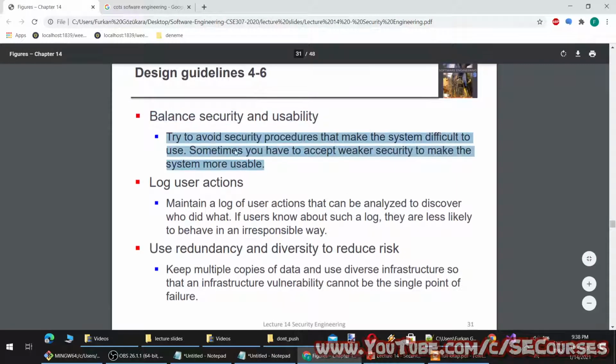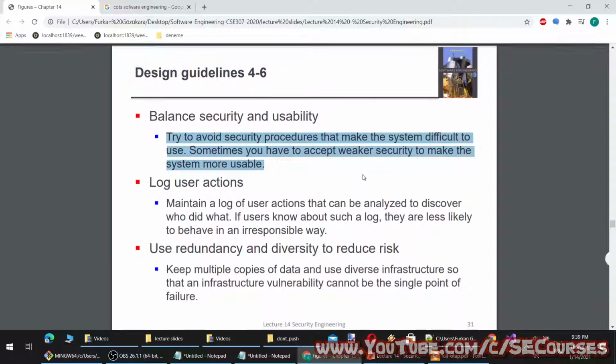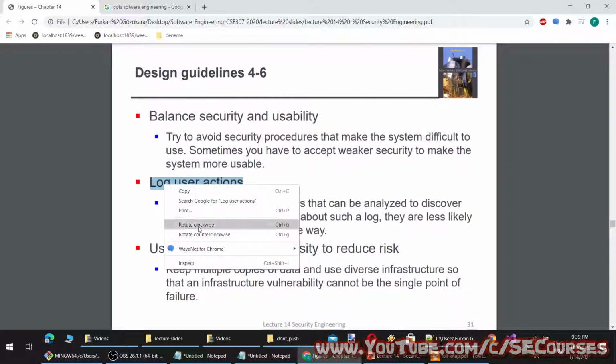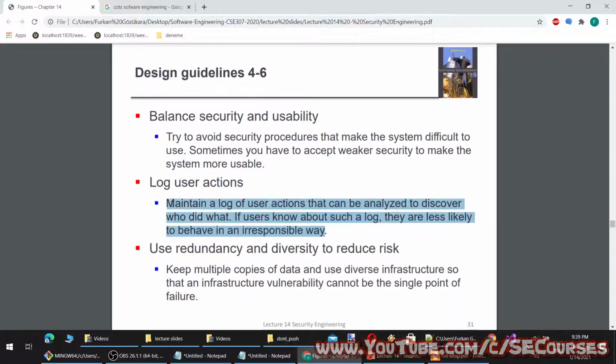Balance security and usability. Try to avoid security procedures that make the system difficult to use. Sometimes you have to accept weaker security to make the system more usable. Log user actions. Maintain a log of user actions that can be analyzed to discover who did what.